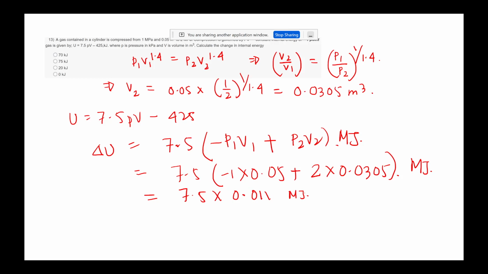Answer times 7.5, it is coming as 0.0825 megajoule, and it becomes 82.5 kilojoule. So this is the closest option. So tick it.